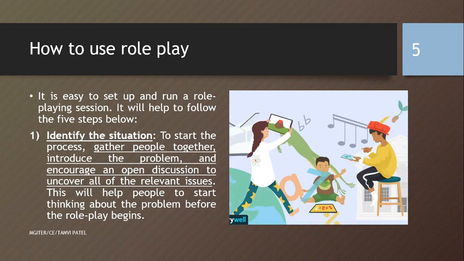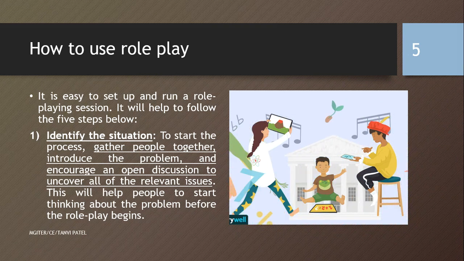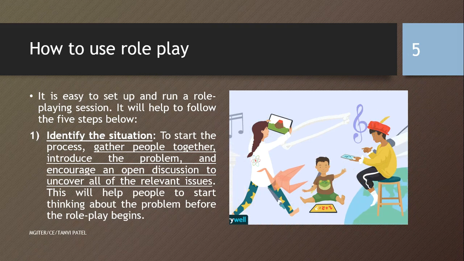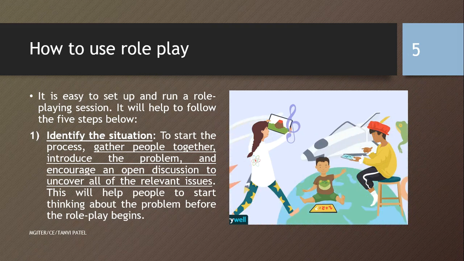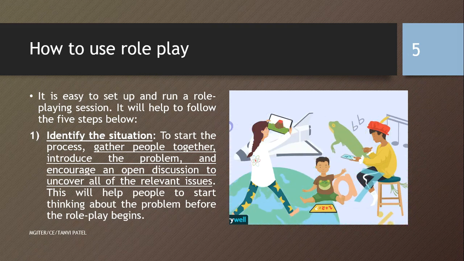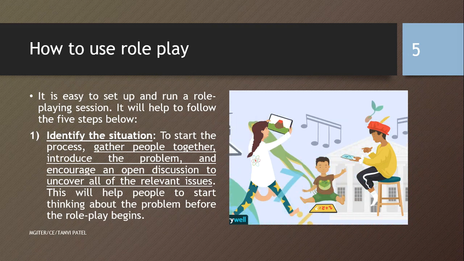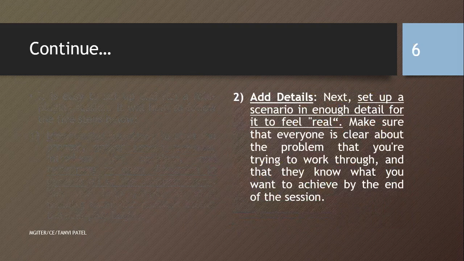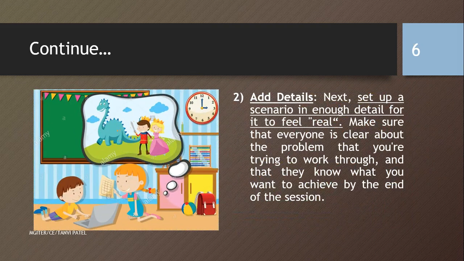Means first is you have to identify the situation. Given situation, you have to identify the problem, you have to know, and then encourage your partner to discuss on that. That is identify the situation. Next is add details. Next step is set up a scenario in enough detail for it to feel real.